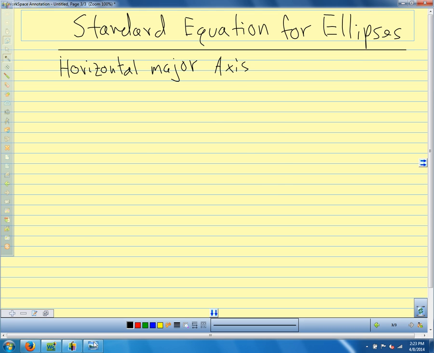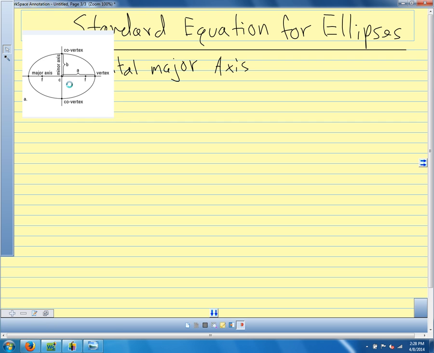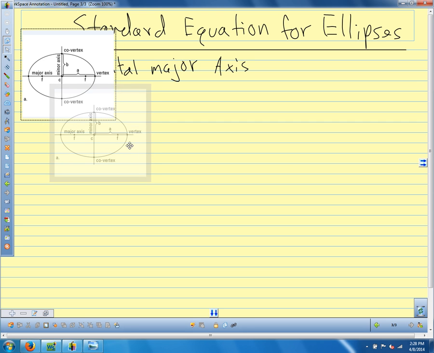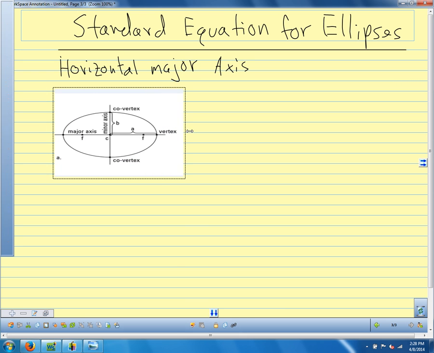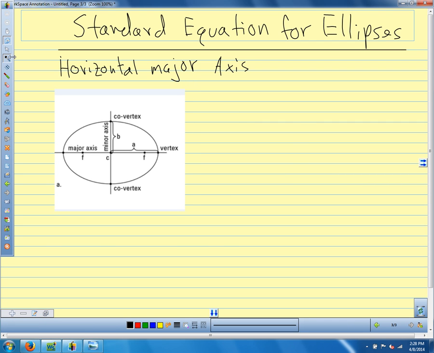So let me grab my picture again. So there's my ellipse with a horizontal major axis. Just like we did with a circle, we're going to say that our center has coordinates h, k.